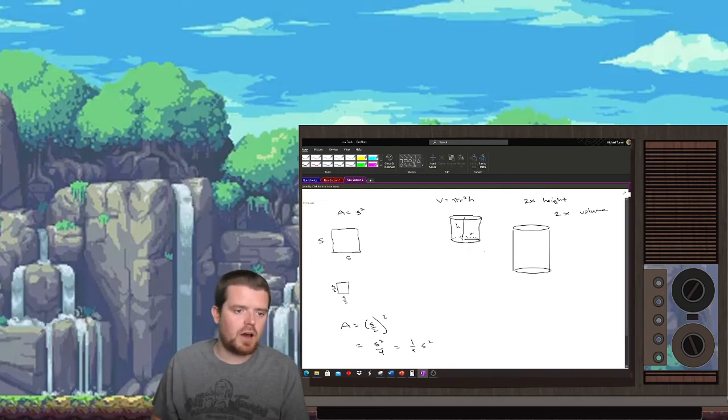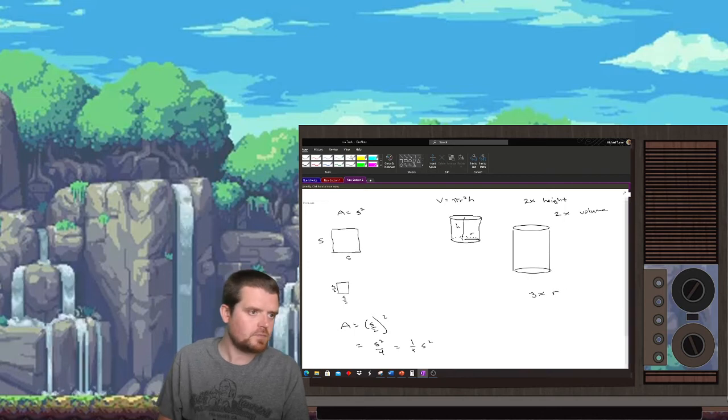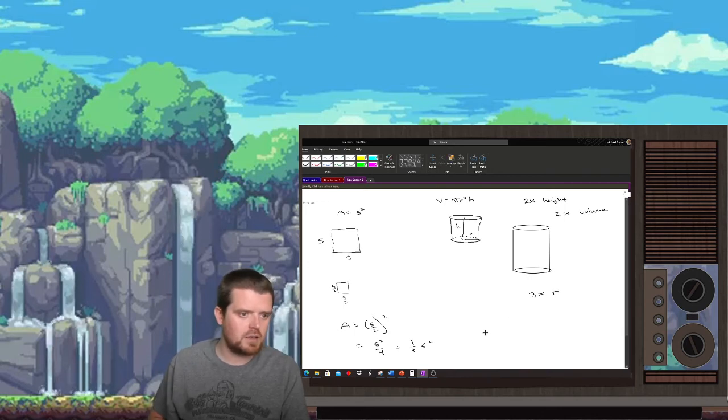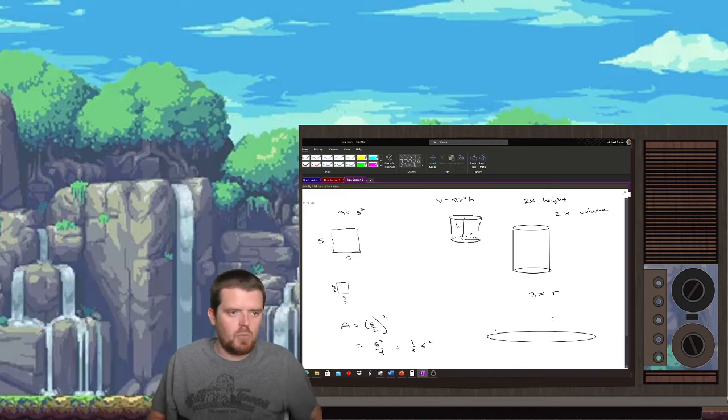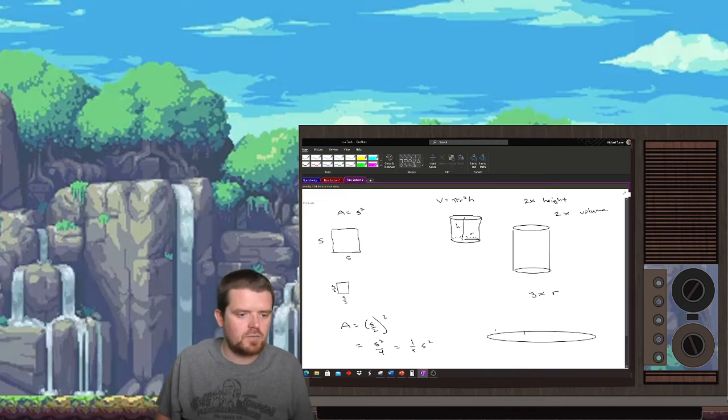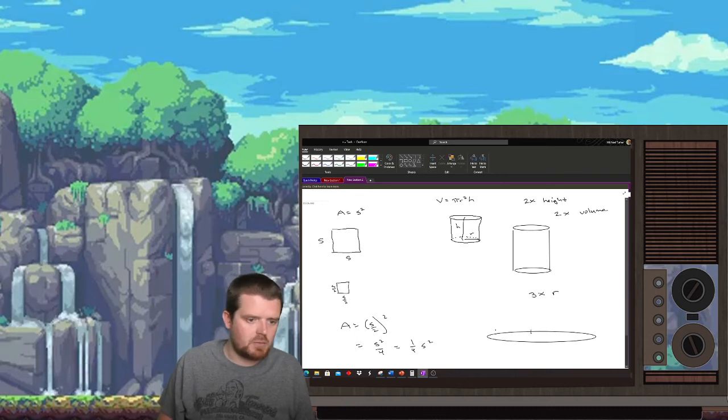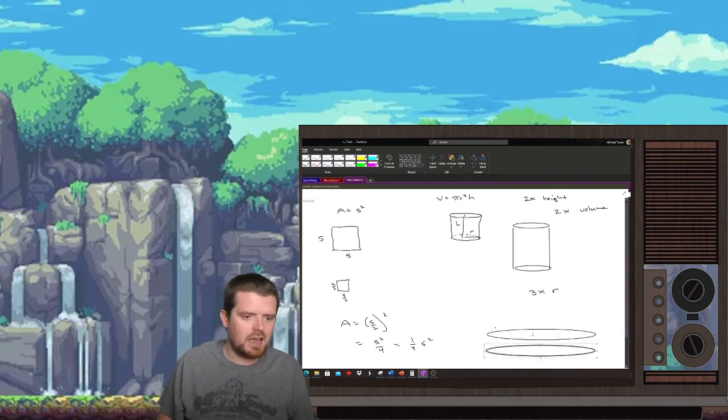However, if I were to, let's say, triple the radius, okay, well, now tripling the radius, making that radius 3 times bigger, even if the height's the same, okay, I can fit more than 3 cylinders in this larger space. Again, trying to make the best of looking at a 3-dimensional concept in a 2-dimensional space.